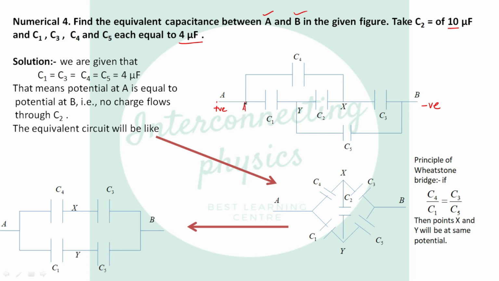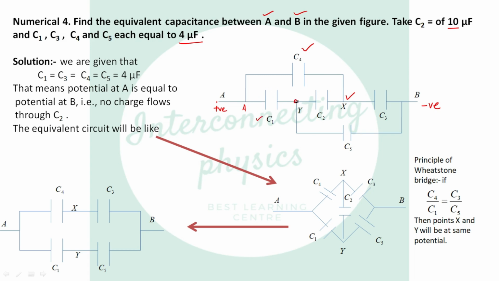Let us move through this path. We see the C4 capacitor is present over here, so there will be a potential drop across C4. That means point A will not come, and there will be another point, let us say X. Now from this to this again C1 is present, there will be a potential drop.